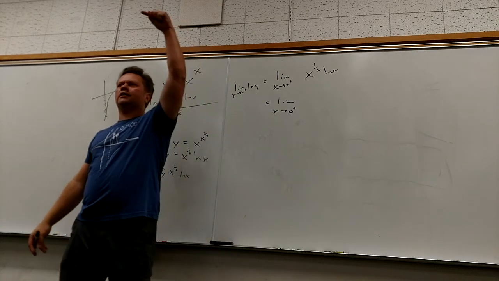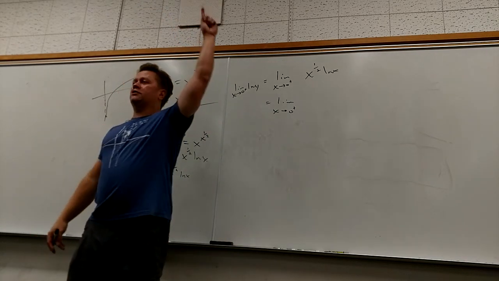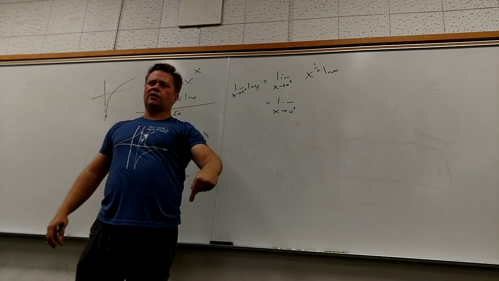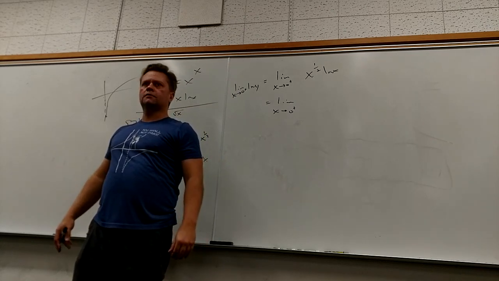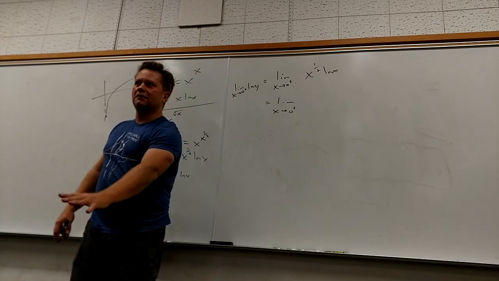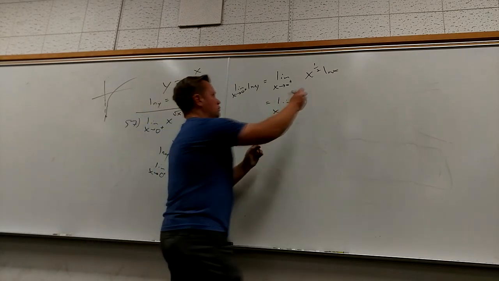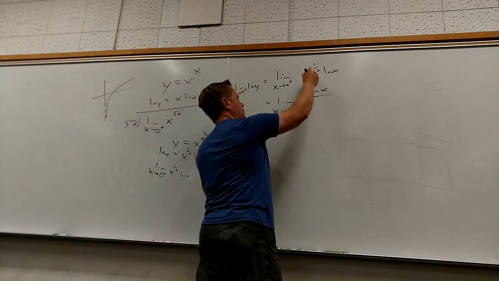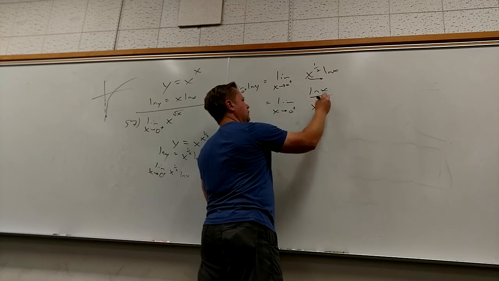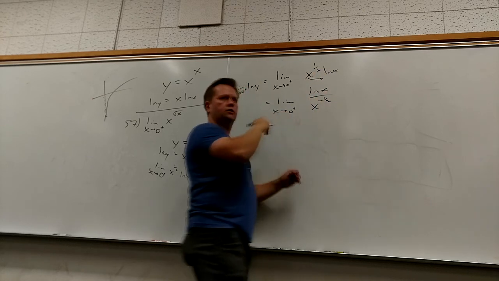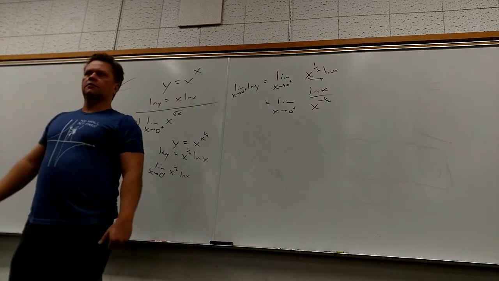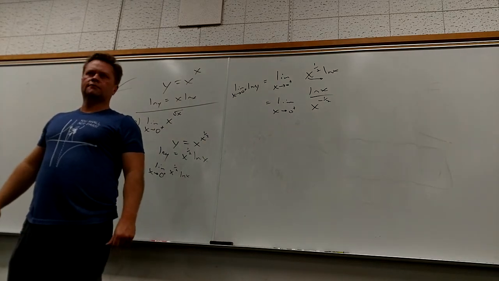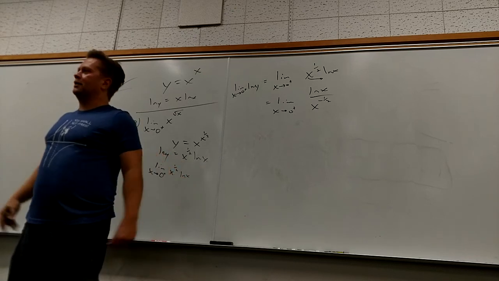You can either force the x to the 1/2 down, or you can force the natural log of x down. I think by my facial expressions, which one's the easier one to push underneath? X to the 1/2, because if it goes down, what's going to change? If I push this down, it's going to become x to the negative 1/2. That's all, right? That's what negative power means. It means I want to be on the other side. That's the real simple way to look at negative powers. I want to be on the other side.